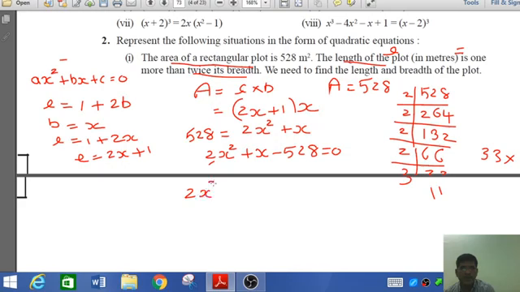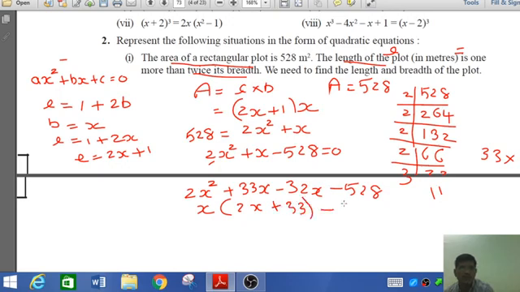2x square plus 33x minus 32x minus 528. And I have to take common x. So in the bracket 2x plus 33, and minus 16 if I take common outside, then 2x plus 33. So x minus 16 and 2x plus 33.